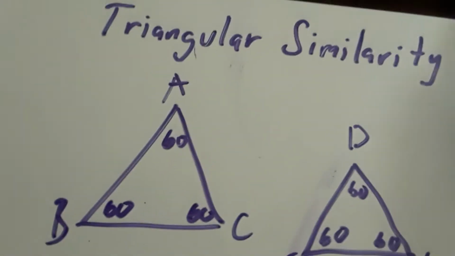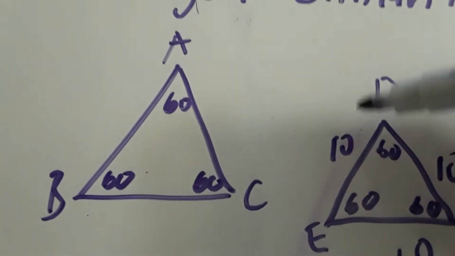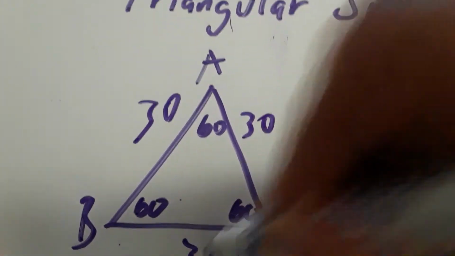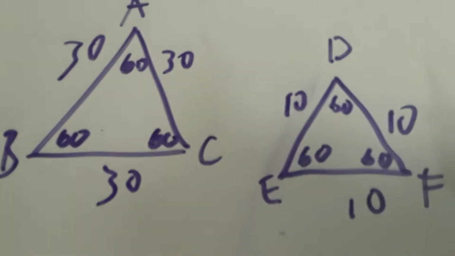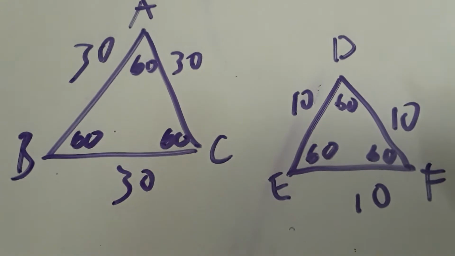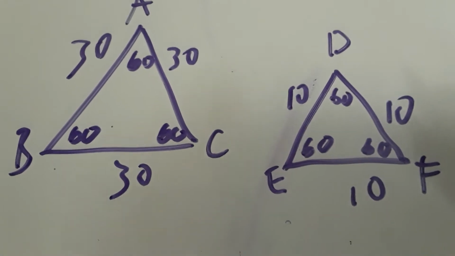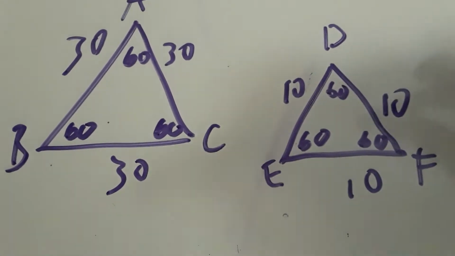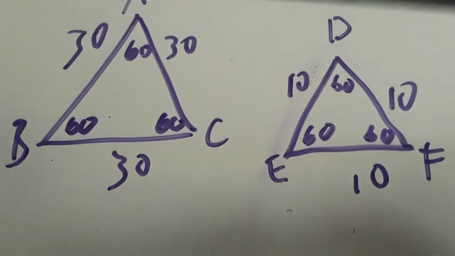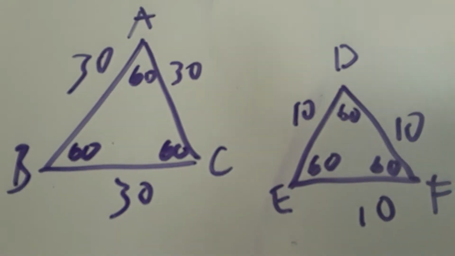Now, as it turns out, in a triangle, if you have two angles, say angle B and angle E, and angle C and angle F, the two bottom angles for both of these, if those two angles are equal to each other, so the corresponding angles, B corresponds to E, C corresponds to F, by definition, the third angle, angle A and angle D, has to also be equal.